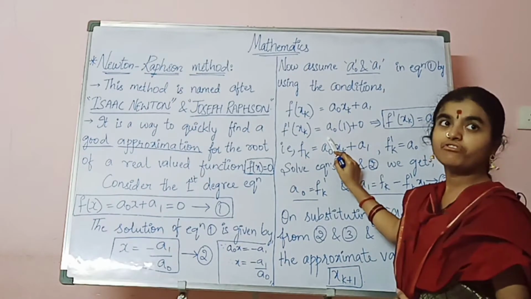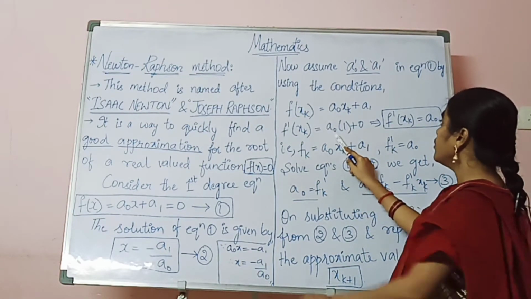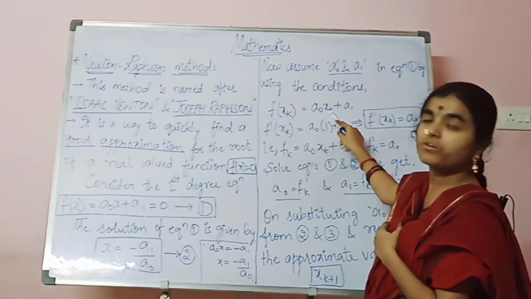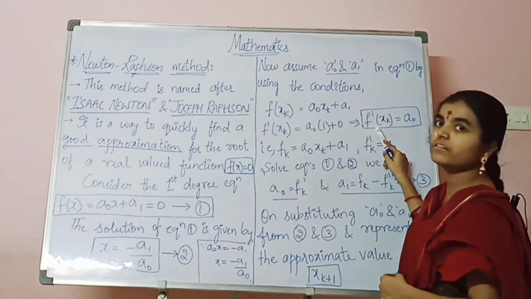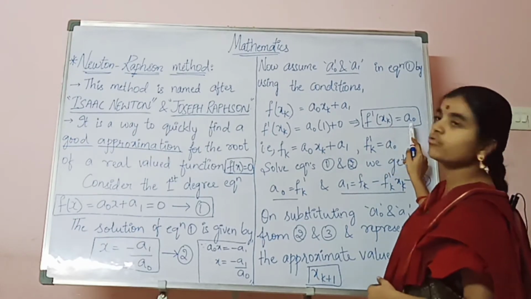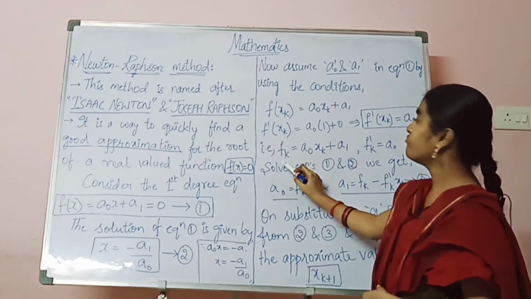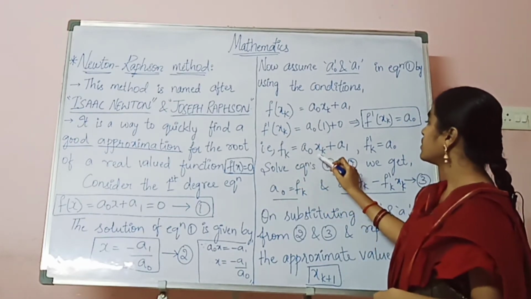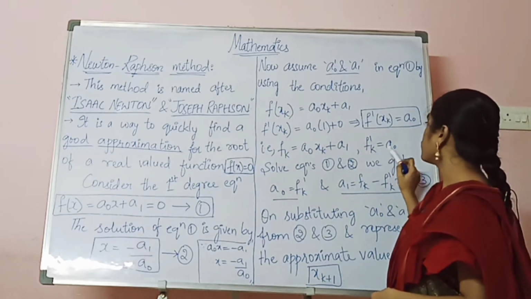Now we differentiate f of xk. So f dash of xk equals a naught, since the differentiation of xk is 1 and the constant gives 0. So fk equals a naught xk plus a1, and fk dash equals a naught.